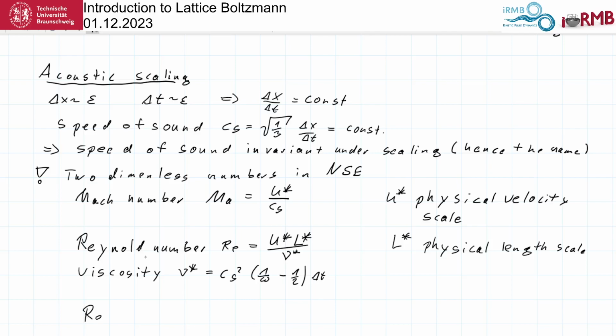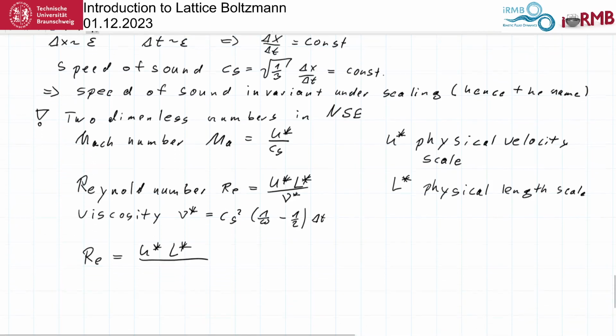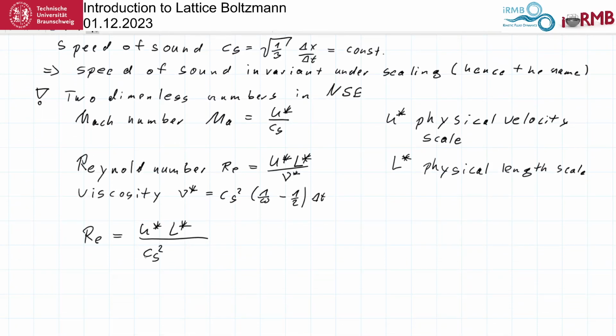So we can write the Reynolds number as U star L star divided by cs squared (1 over omega minus 1/2) delta t. And this we can again write as the Mach number times L star divided by cs (1 over omega minus 1/2), and here we are left with delta t.